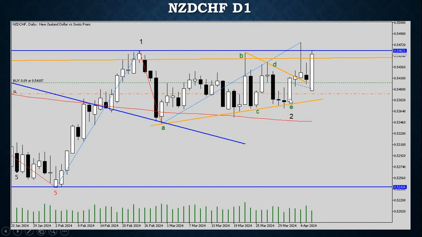Okay, so you can see that this bullish candlestick was completed far above 50% of this bearish candlestick.